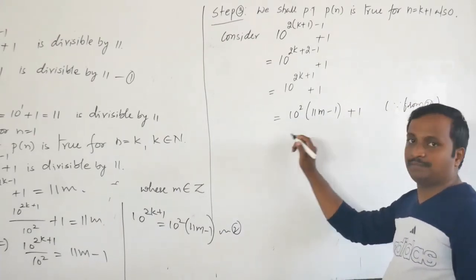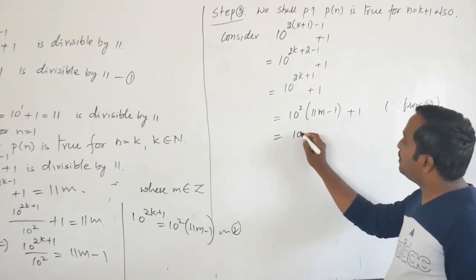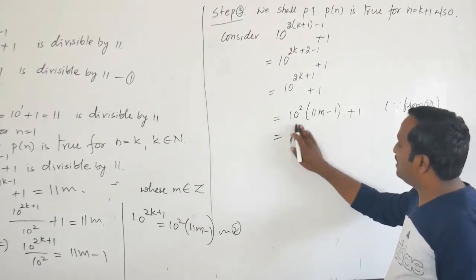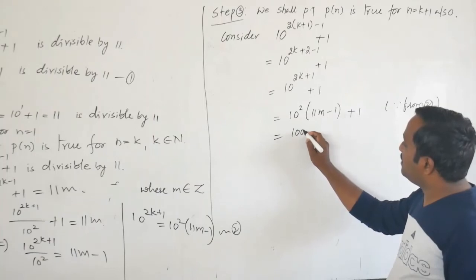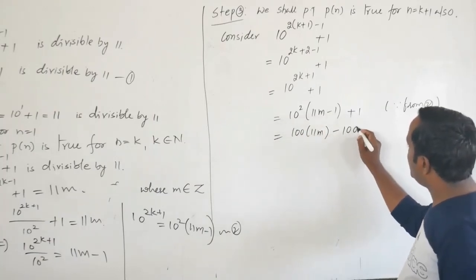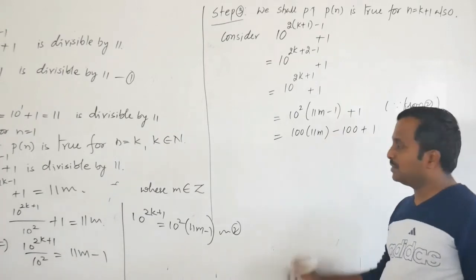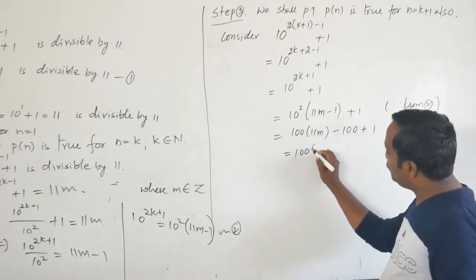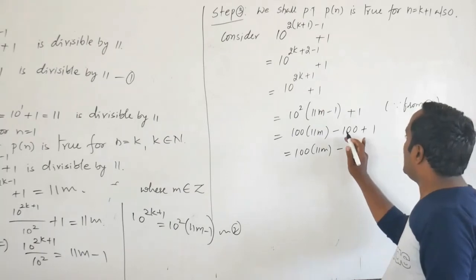So multiply 10 square ಅಥವಾ 100 ಆಗ್ತದೆ, 100 into 11m minus 100 into 1 minus 100 plus 1.